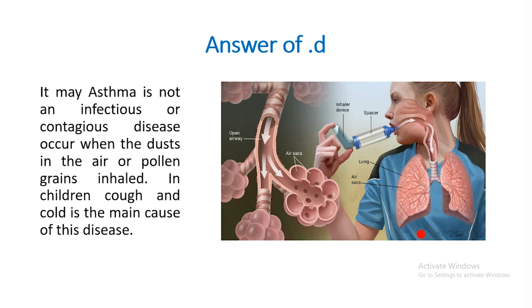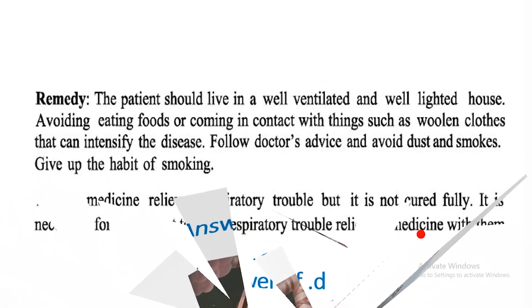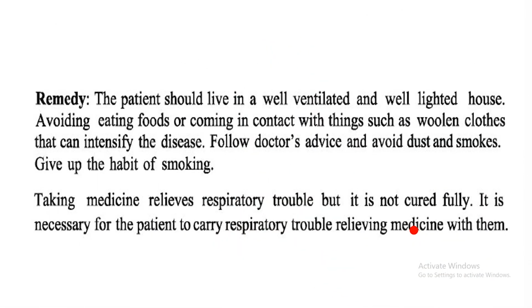In children, cough and cold are the main causes of this disease. And after that, remedies: the patient should live in a well ventilated and well lighted house, avoiding eating food or coming in contact with things such as woolen cloth that can intensify the disease.